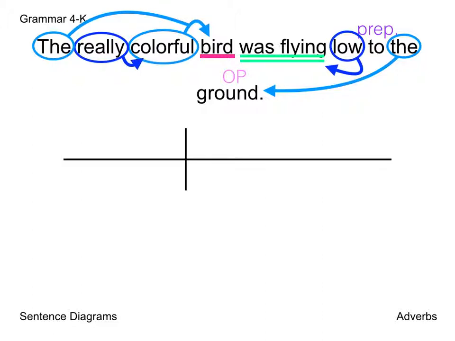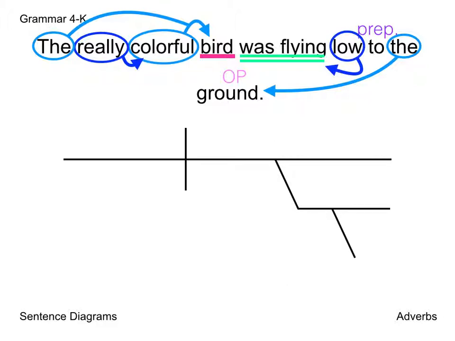So now we can start on our diagram and creating that. We have one long line and we are splitting it into two parts. Notice that we don't have a direct object, we don't have a PA or a PN, so we have no other line on there that is above the line, but we do have a lot of describing going on in here. So first we have our prepositional phrase, to ground, and then we have a describing word going off that OP.